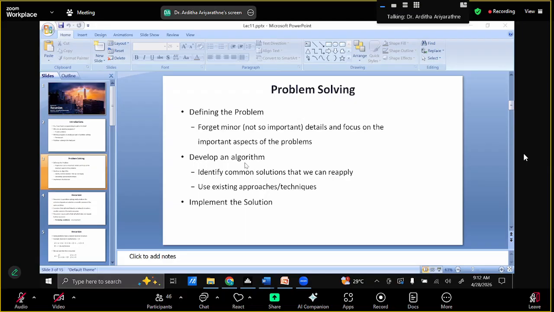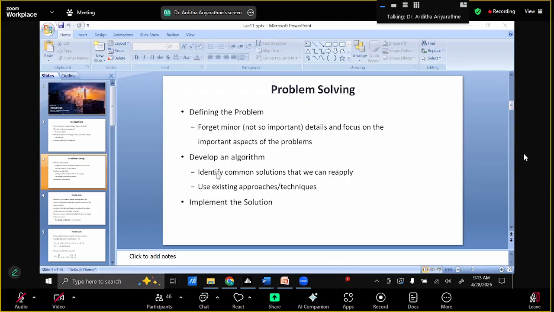Then we develop an algorithm. What is developing an algorithm? Identify common solutions that we can reapply. When we were starting this language, I already explained these things, but today I am explaining something different.